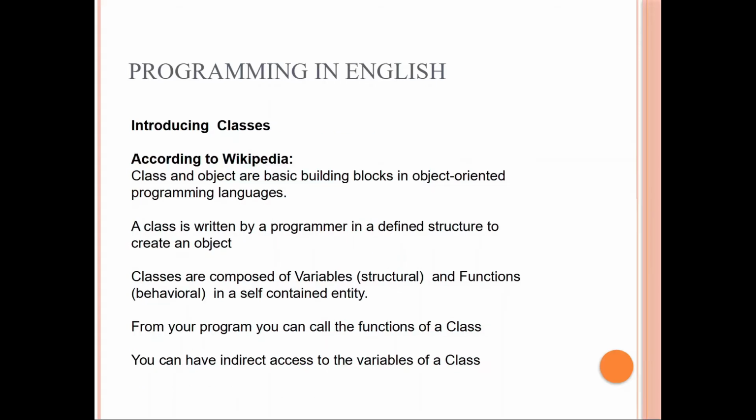As we learned about variables and functions, we also have classes. What a class is, you can call it a self-standing program or a self-standing bit of code. And this has its own methods or functions and its own variables. And according to Wikipedia, a class is an object, and these are building blocks in object-orientated programming languages.